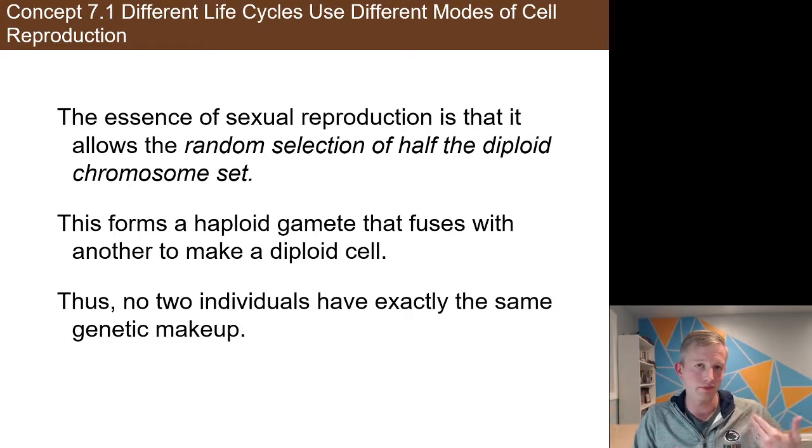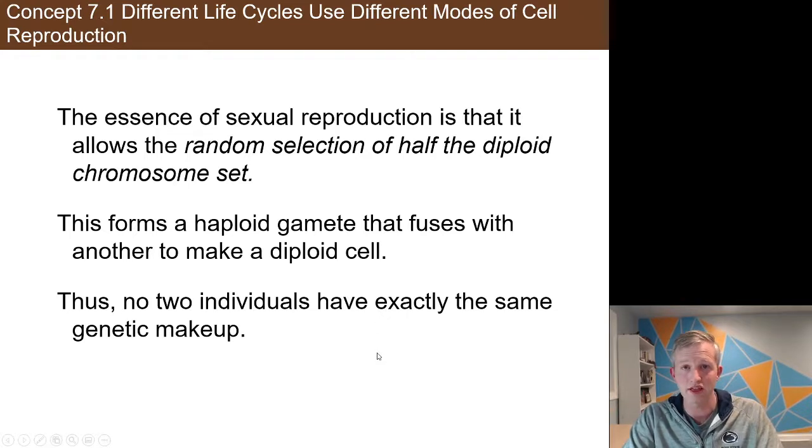Is it going to pass on its mom's copy of this 1 chromosome or its dad's copy of that chromosome? And for every chromosome, it's going to be a unique thing. And so sexual reproduction is this huge mix of genetics, which results in massively diverse organisms, which is why no 2 individuals have exactly the same genetic makeup.